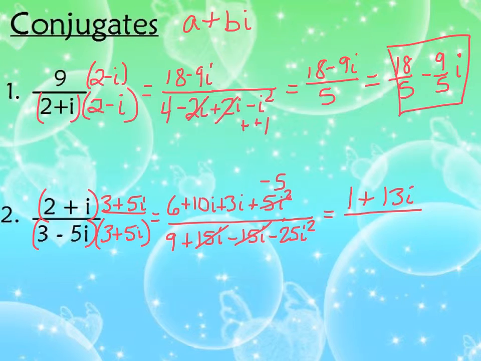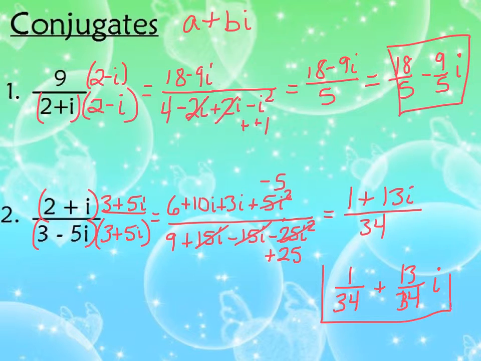This minus 25i squared is really going to turn into a plus 25 because the i squared is a negative 1. 9 and 25 is 34. So then our last step is to rewrite it and separate out the real part from the imaginary part. Sometimes you'll be able to reduce there. I can't on this one. That's a 34, sorry. I can't do any reducing on this, but look for that and reduce if you can.